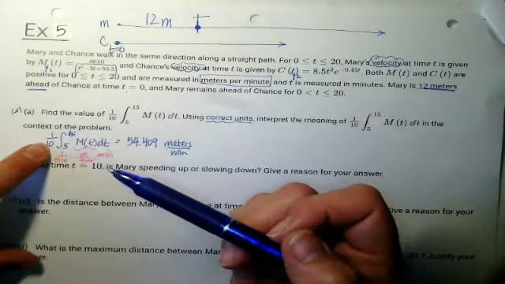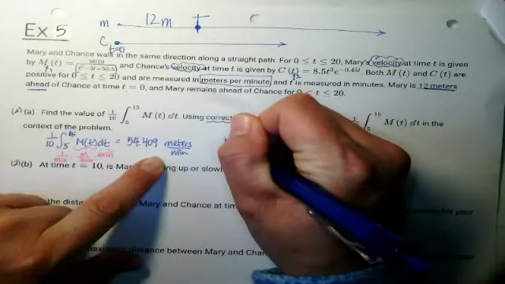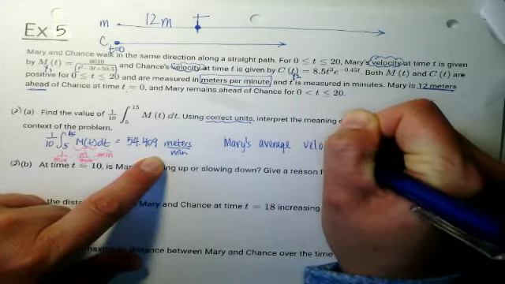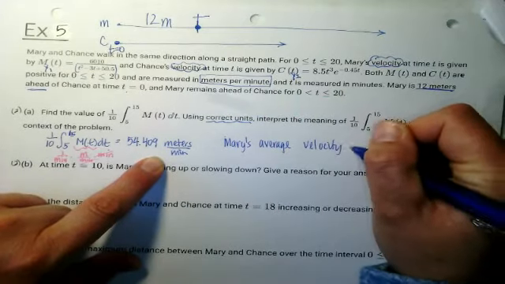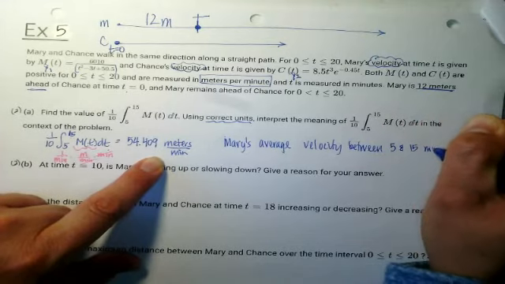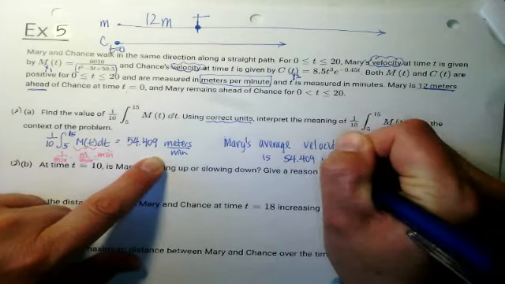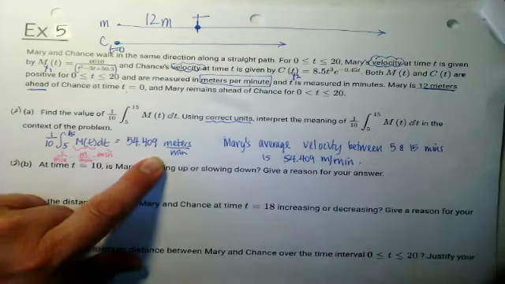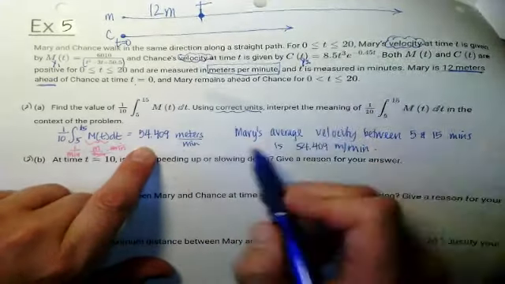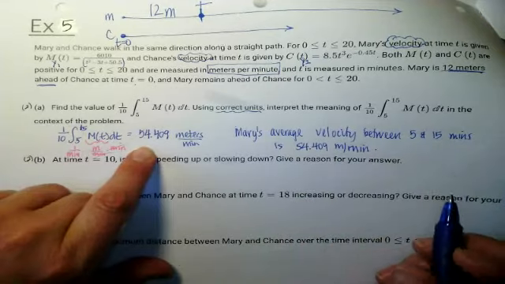This is her average velocity. Mary's average velocity between 5 and 15 minutes is 54.409 meters per minute. The graders give you 1 point for this answer and one point for the meaning with proper units. Okay.